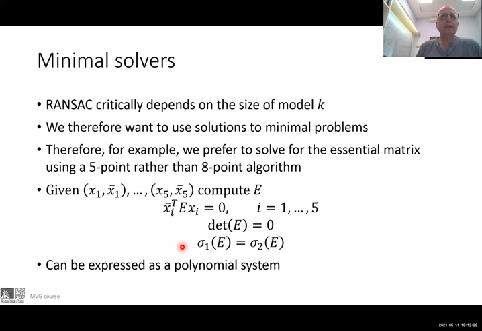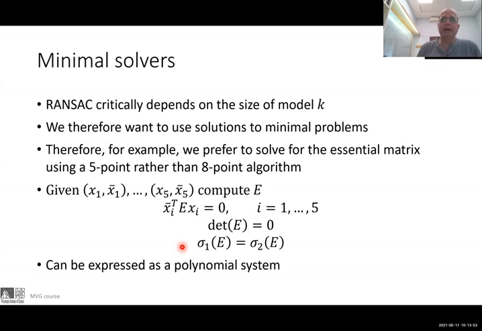This is less obvious, but this can also be expressed as a polynomial equation or set of equations. So overall, we want to solve a polynomial system of equations. That seems complicated, and it is not simple at all.